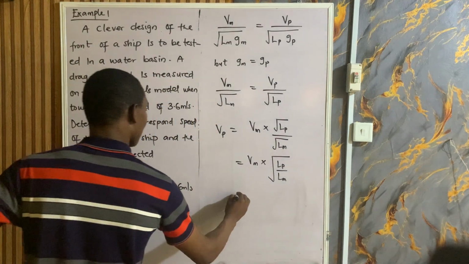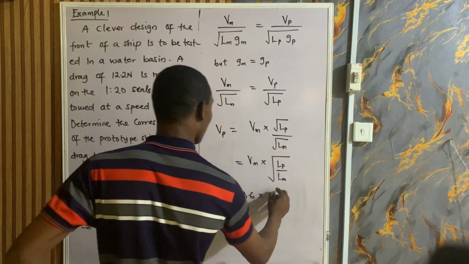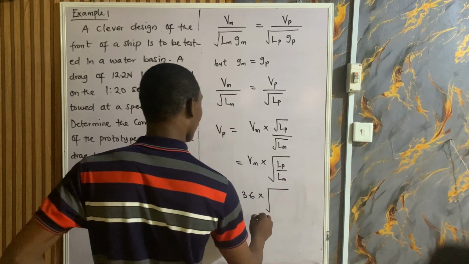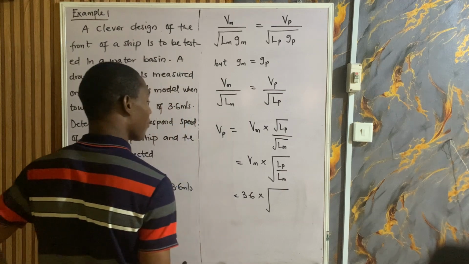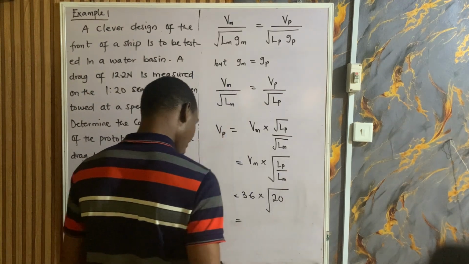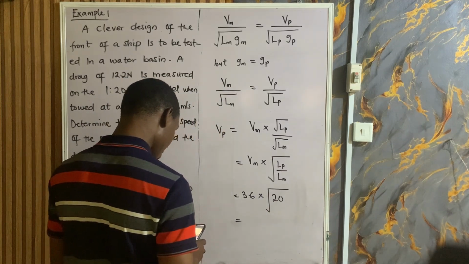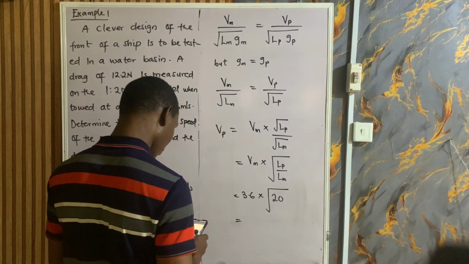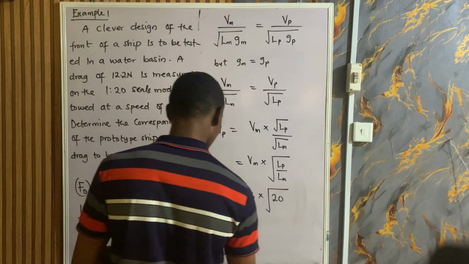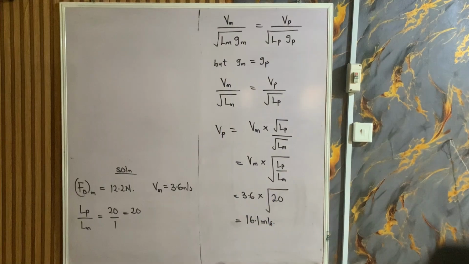The velocity of model given to us in this question is 3.6, multiplied by square root of 20, the length ratio. If we evaluate this, we have 3.6 times square root of 20. That's 16.1 meters per second.